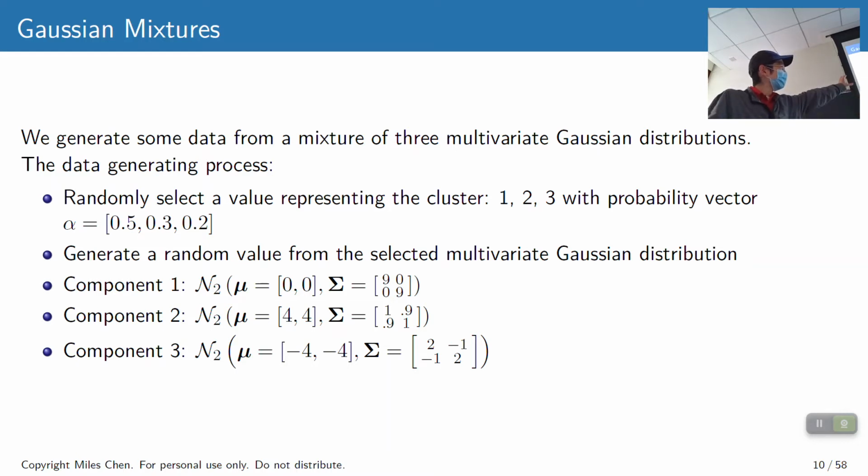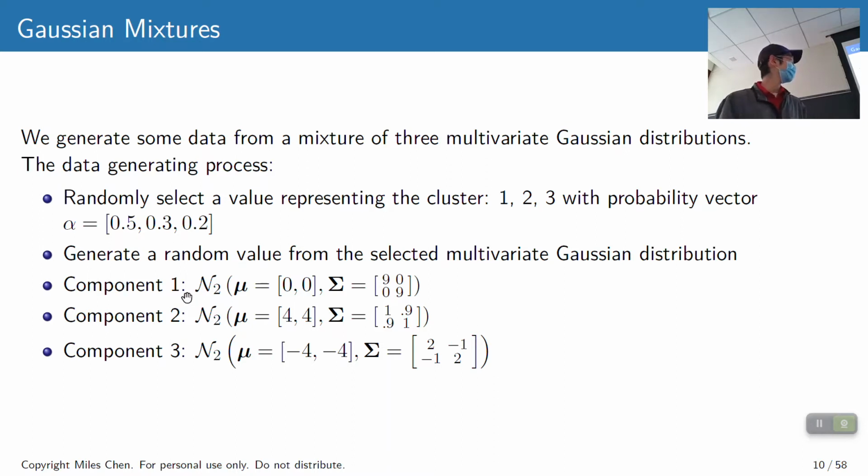Component 1 makes up 50% of our data, component 2 makes up 30%, and component 3 makes up 20%. So we have this alpha vector that tells us the relative proportion that comes from each distribution.